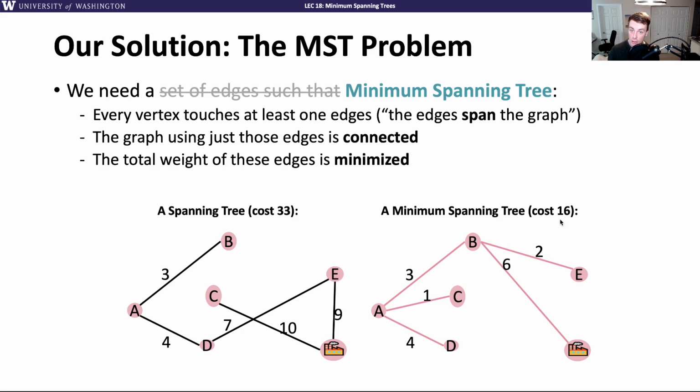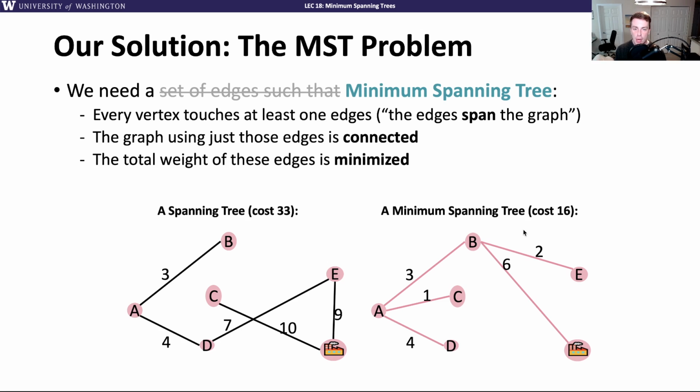Both of these are spanning trees, connected acyclic graphs that touch all of the vertices, but the one on the right is a minimum spanning tree. It has the minimum cost. And again, do remember that the edges we're using for our spanning tree are a subset of the edges from that original graph.